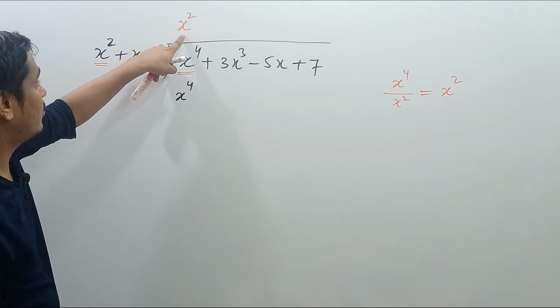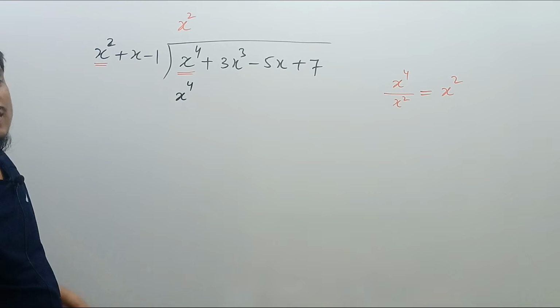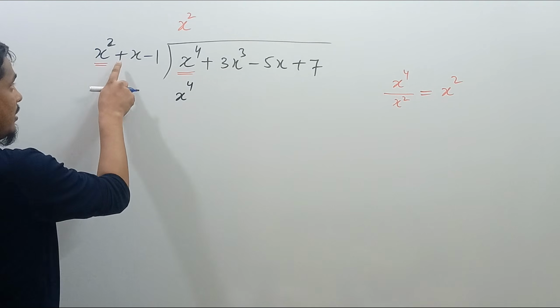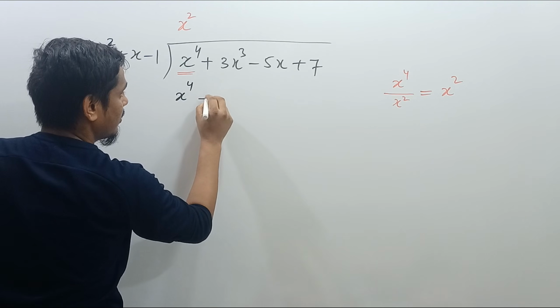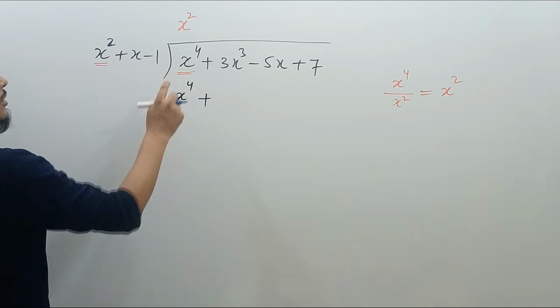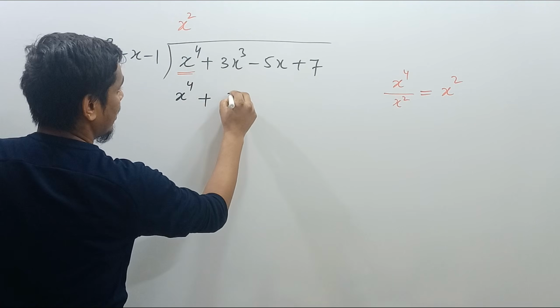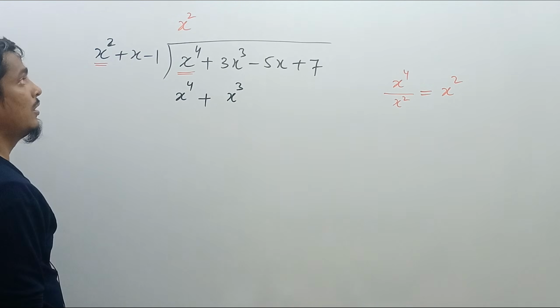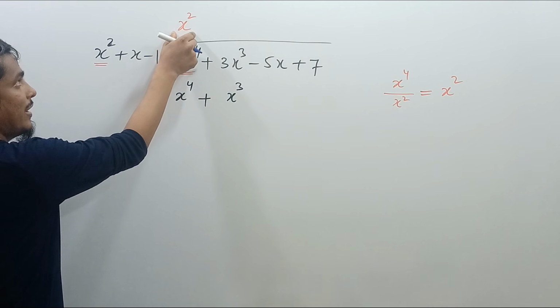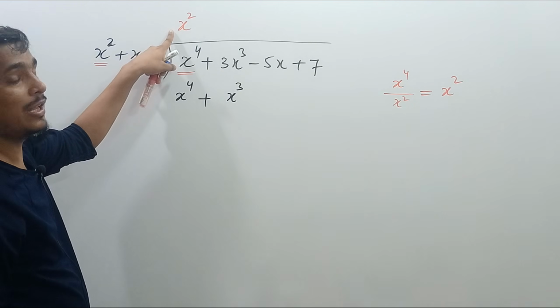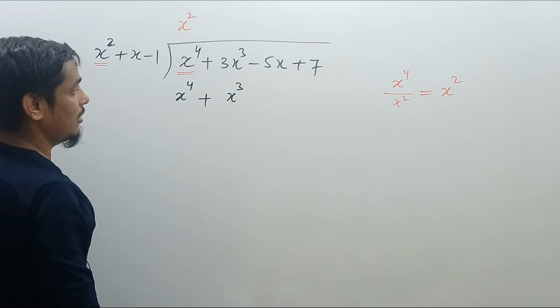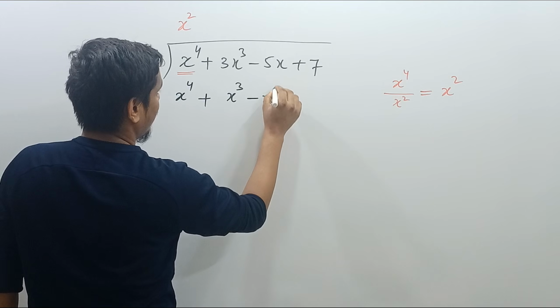And then x square multiplied by x is x to the power of 3. So here this is plus, so plus, plus, plus. So x square into x is x to the power 3. Now next one is minus 1 times x square, so minus 1 times x square is minus x square.